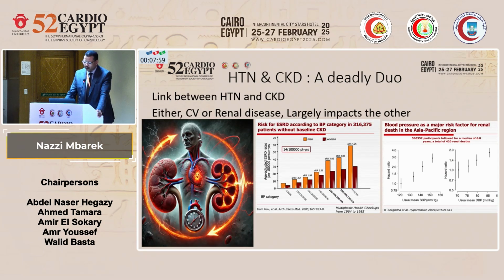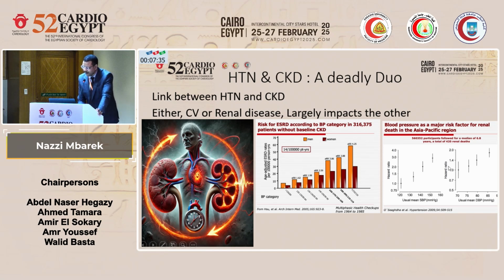According to the different trials, we see that there is a tight link between hypertension and chronic kidney disease. As you see in this chart, when the blood pressure goes up, the risk is very important. You have a continuum down to a blood pressure of 120.